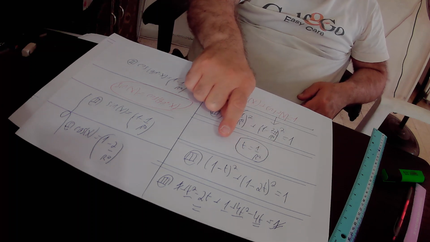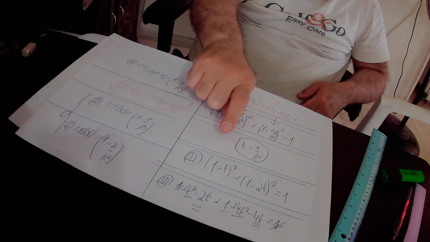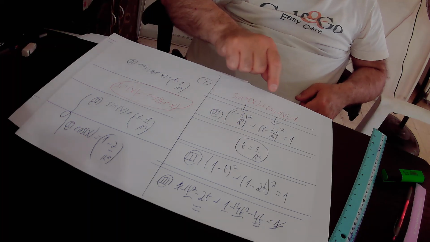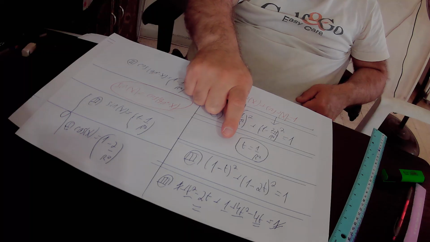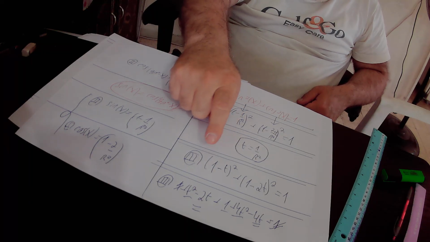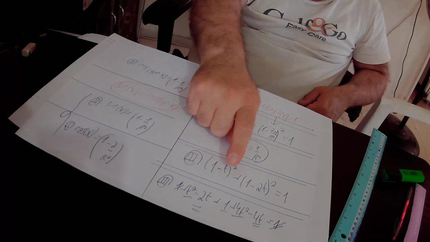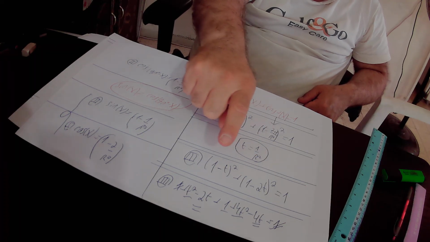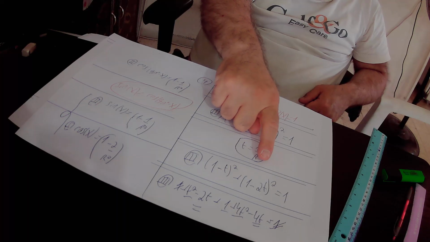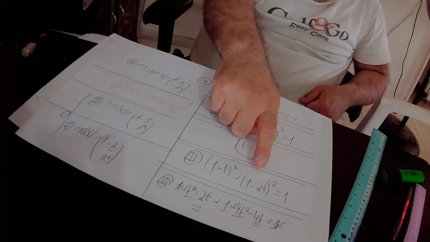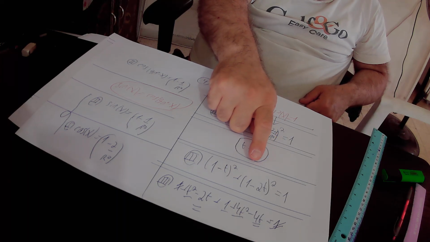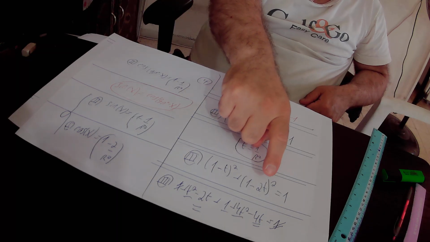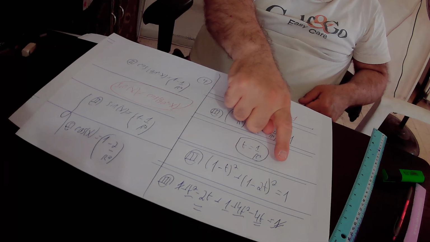We open the brackets: (1 minus t) squared equals 1 squared, that is 1, plus t squared minus 2t, and we also have plus (1 minus 2t) squared, which equals 1 squared plus (2t) squared, that is 4t squared, minus 2 times 1 times 2t, that is minus 4t, and it equals 1.